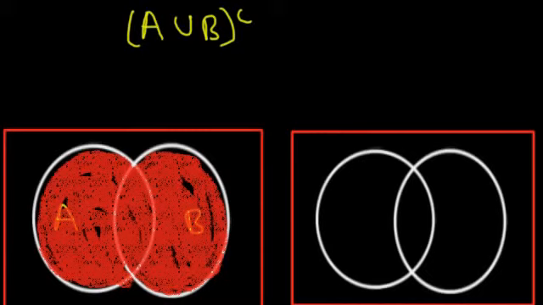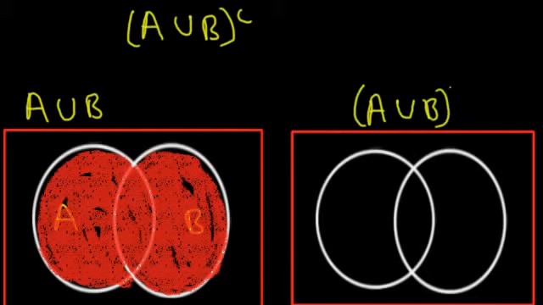It turns out that the regions outside the circles is not A union B. So if this turns out to be A union B, then this other diagram will be used to find the value of A union B complement.